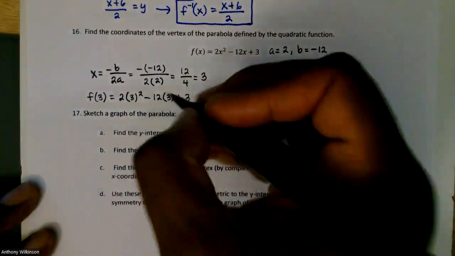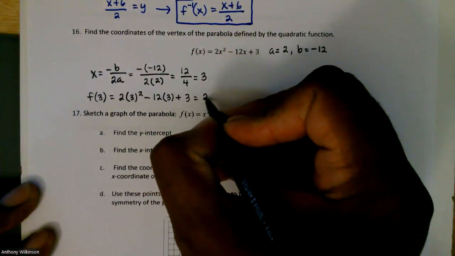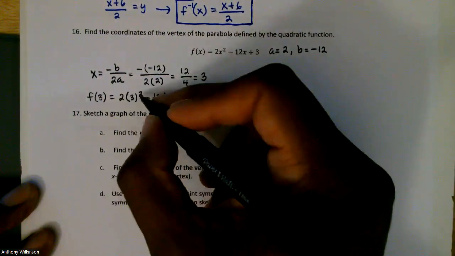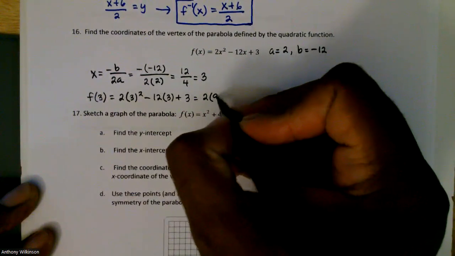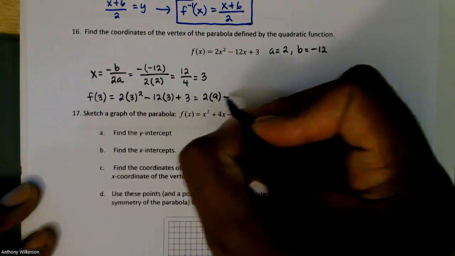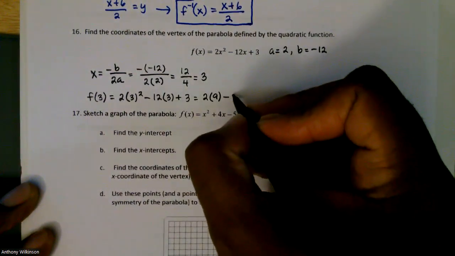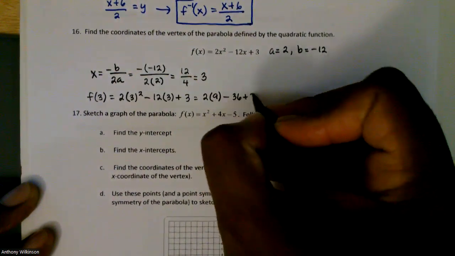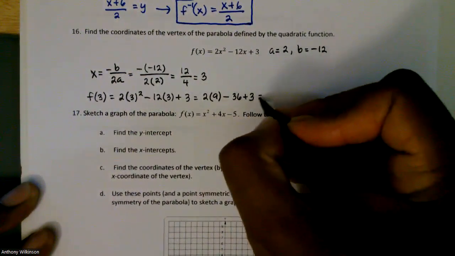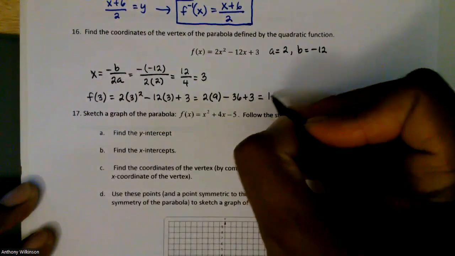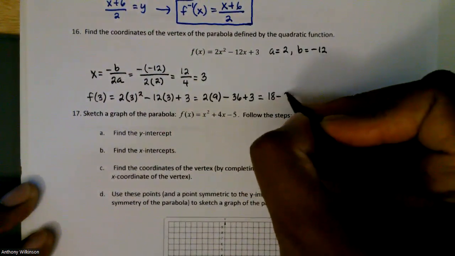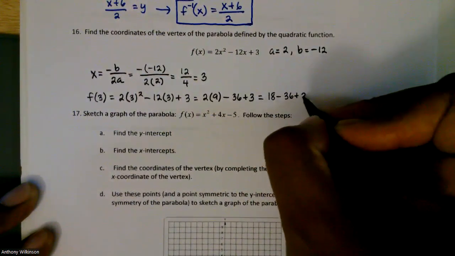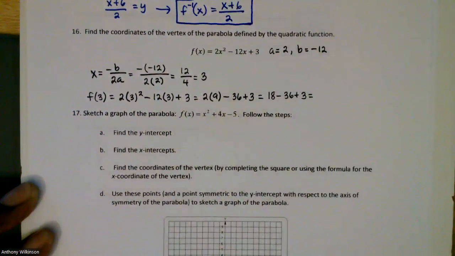And then we'll simplify. I'm going to bring up the 2 to show you that we're not squaring the 2. 3 squared is going to be 9. So it'll be 2 times 9 minus, now go ahead and do 12 times 3, which is 36, and then plus 3. And when I do 2 times 9, that will be 18. So now 18 minus 36 plus 3. 18 minus 36 is negative 18.